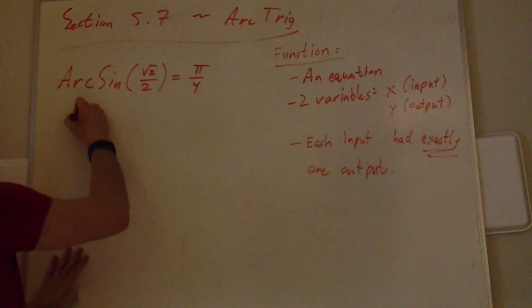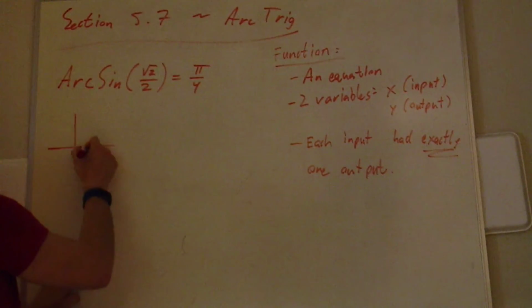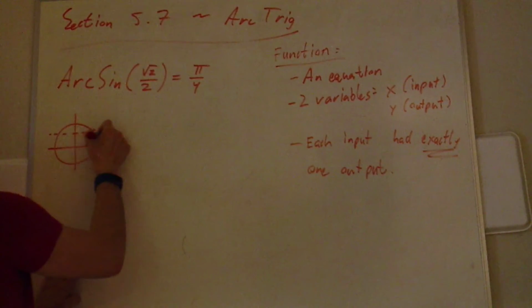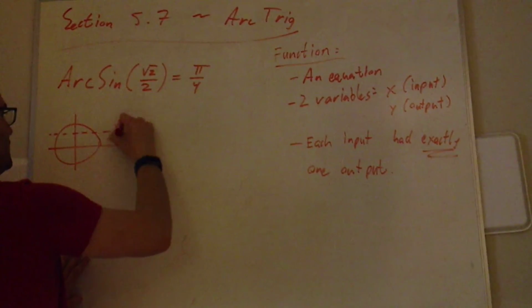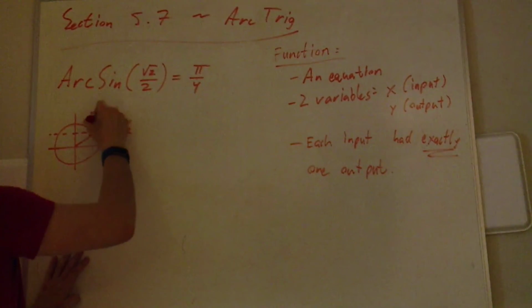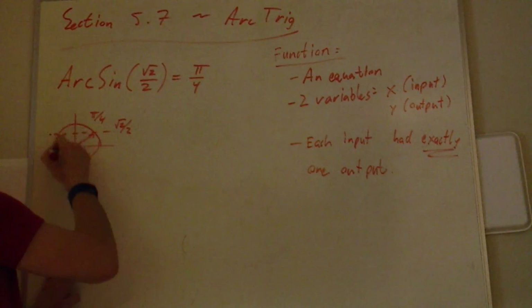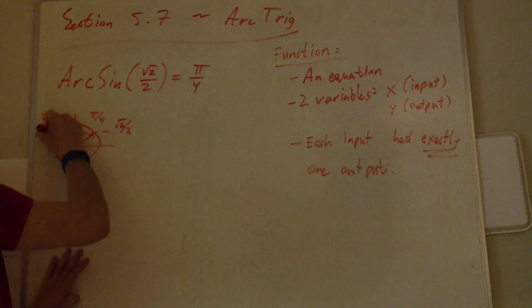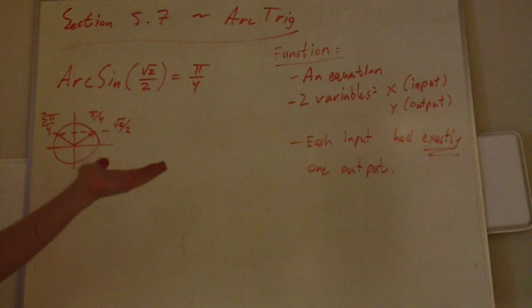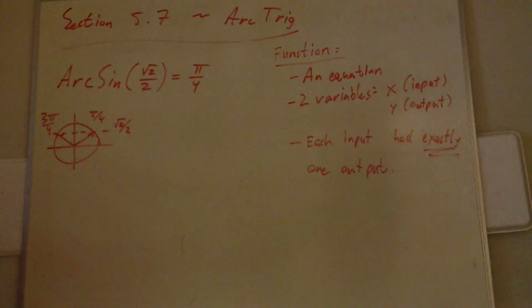But if we think about root 2 over 2 as a y value on the unit circle, that happens about here. That'll happen here at pi over 4. And it will also happen here at 3 pi over 4. And again, it will happen at anything coterminal to these.